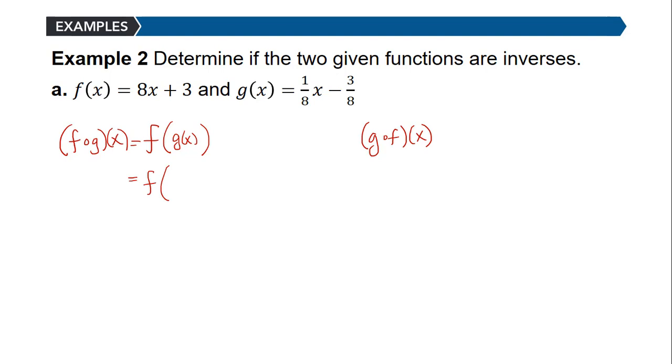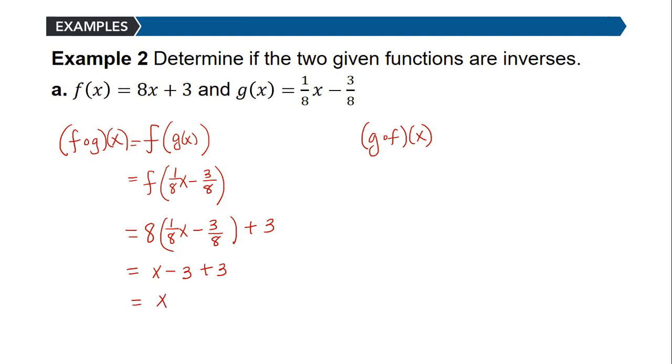And this is f of, now I'm going to substitute g, which is 1/8 x minus 3/8. But f of anything says to do 8 times whatever I'm substituting plus 3. This then is 8 times 1/8 x minus 3/8, it's all in parentheses, plus 3. When I distribute by the 8, 8 times 1/8 is just 1x, minus 8 times 3/8 is minus 3, plus 3. This simplifies to just x.